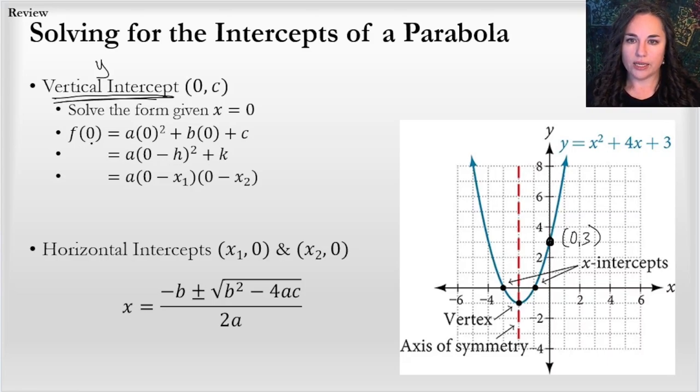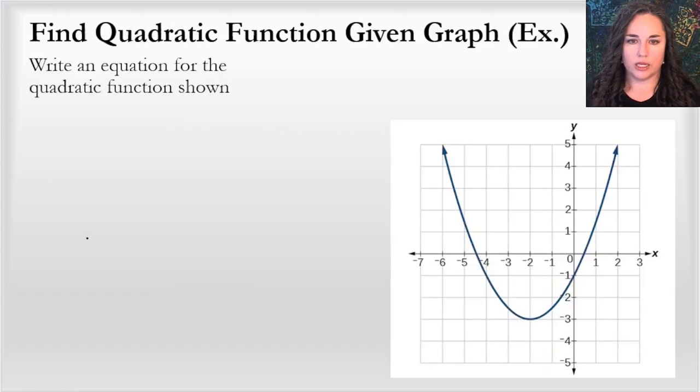When I plug in x equals 0, I get 3 out. You're just plugging into the function, whichever form you're given, wherever you see x, you put in 0. That would give you the y-intercept. The x-intercept is solving the quadratic, and I covered that in a previous mini lesson on how to solve quadratic functions.